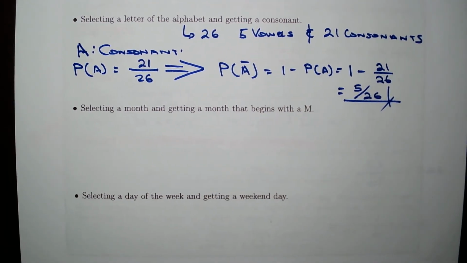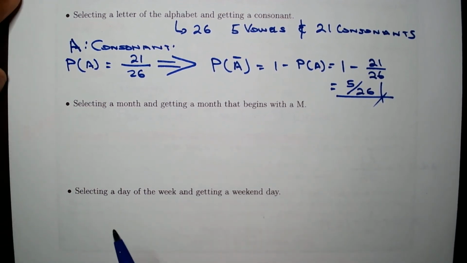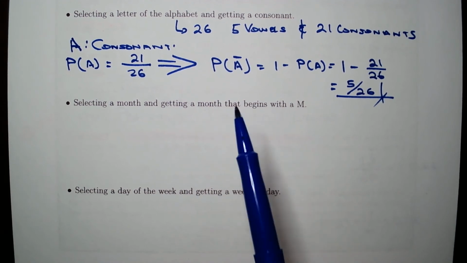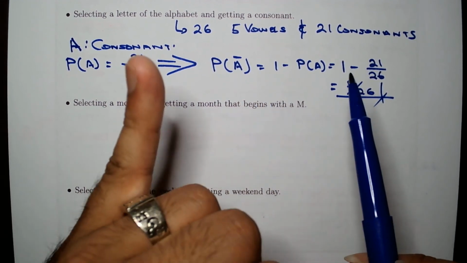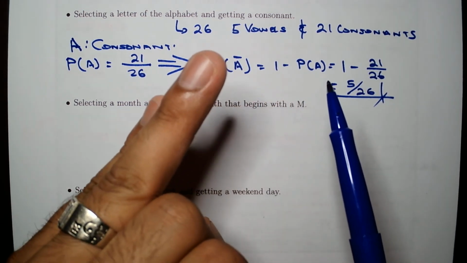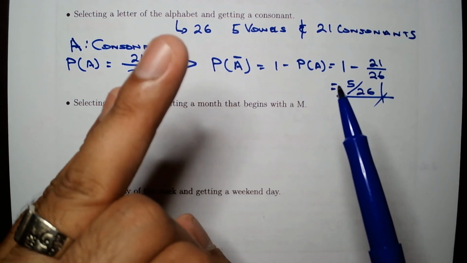Selecting a month and getting a month that begins with an M. How many months in the year begin with an M? Well, we have January, not that one, February, March, April, May, June, July, August, September, October, November, December.